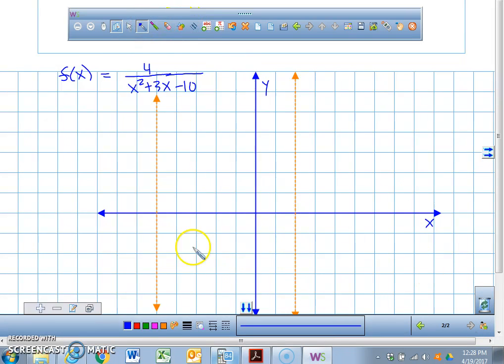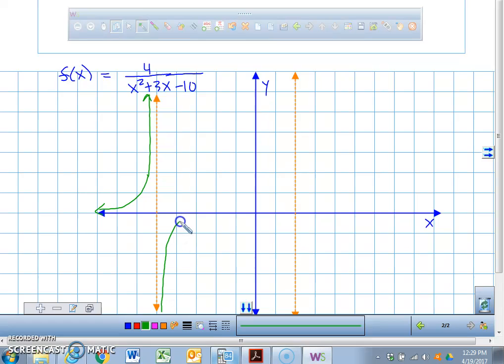Now, the next thing you're going to do is carefully, right here, hugging the x-axis, getting really close, you'll see your graph curving upwards, going forever up. And this one goes all the way up, and it gets really close to the x-axis, but never quite touches it.